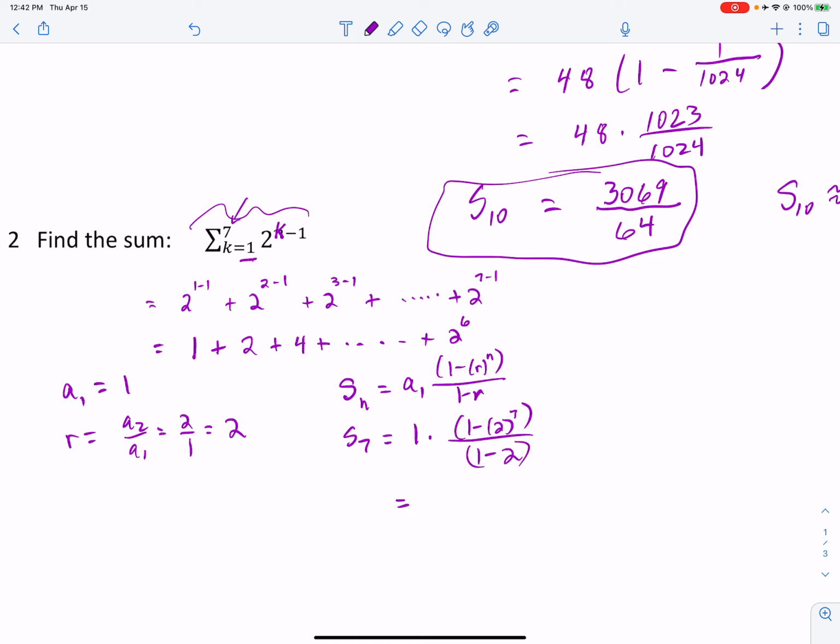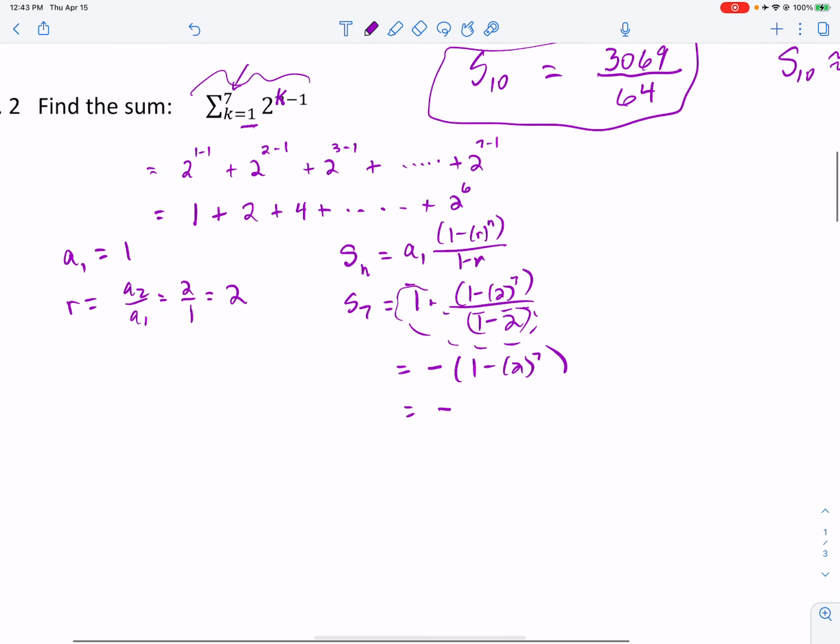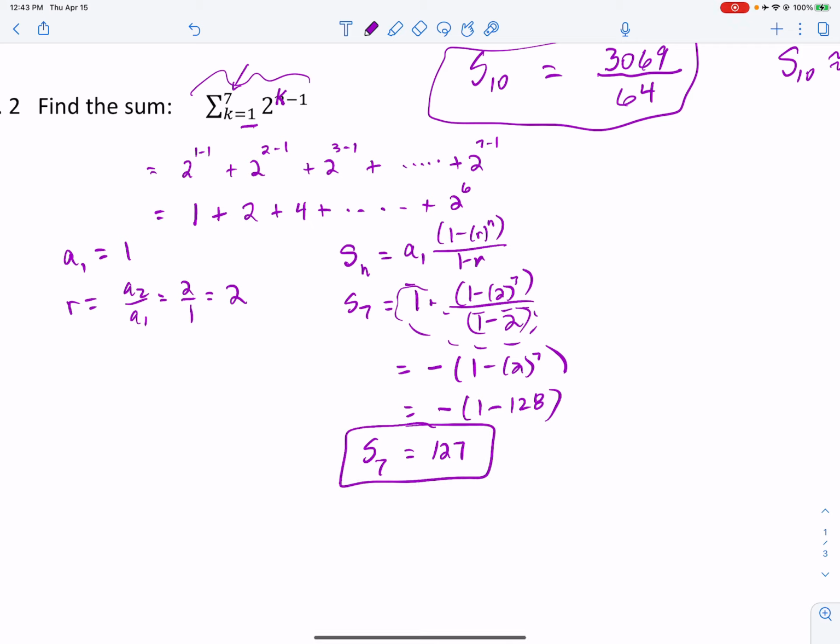So in the denominator, we have a negative 1, so 1 divided by negative 1 is going to just be a negative times 1 minus 2 to the 7th. And that is, 2 to the 7th is 128. So you get a positive 127. And so you've shown use of the formula, you've identified a sub 1 and r, and that is how you need to show your work.